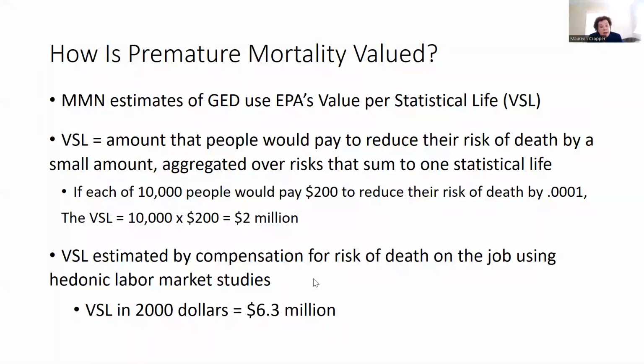So EPA estimates compensation for risk of death on the job in order to estimate what people would in fact pay to reduce their risk of death, or what they would have to be paid to increase it if they're working in a risky job. And again, I don't have time to go into this, but the VSL from EPA in 2000 dollars was 6.3 million.